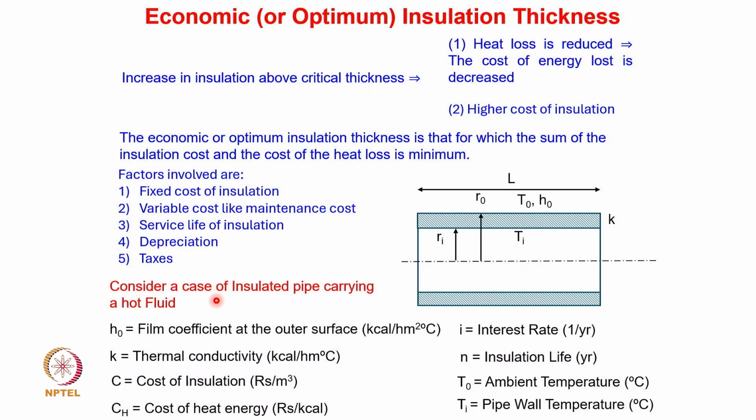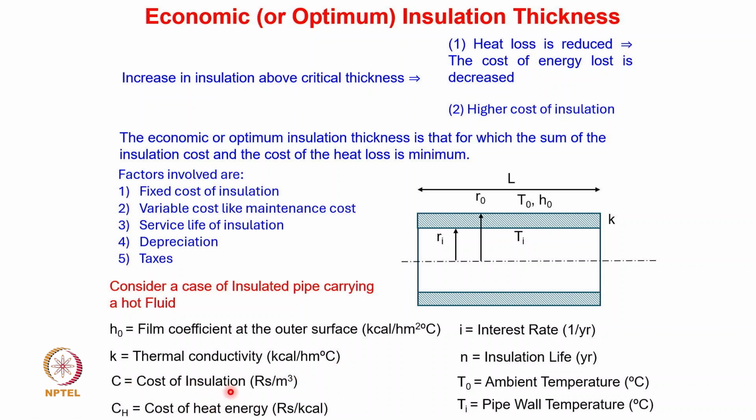Now in this particular case, the hot steam is flowing through this pipe. So you can see that H naught is the film coefficient at the outer surface. Then K is the thermal conductivity, given in kilocalorie per hour per meter per degree Celsius.